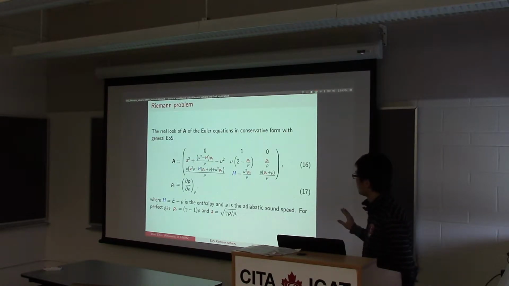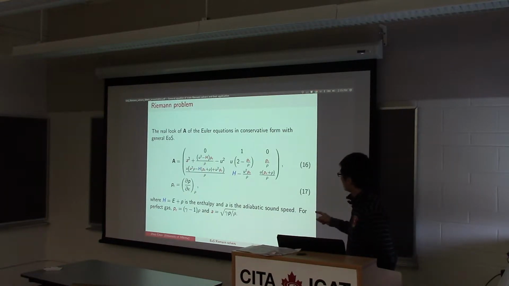I don't assume any specific type of equation of state. So actually A is the sound speed here, H is the enthalpy, and P epsilon is specific internal energy. So for perfect gas, there is an explicit expression for all these three quantities. However, for a general equation of state or any equation of state that has implicit relation, this Jacobian will be formidable. And what I'm going to do is to solve this type of equations.